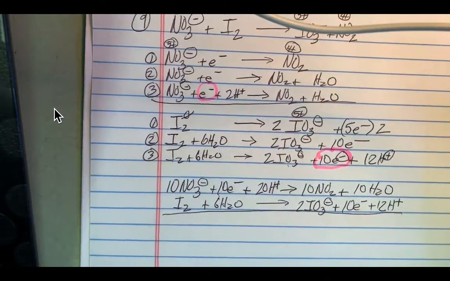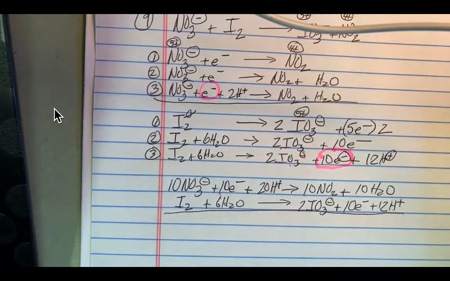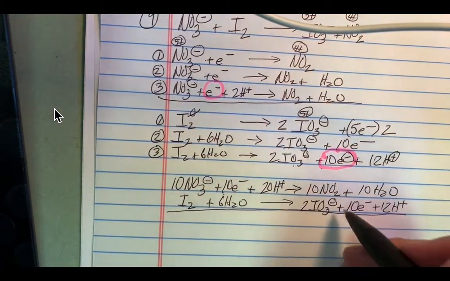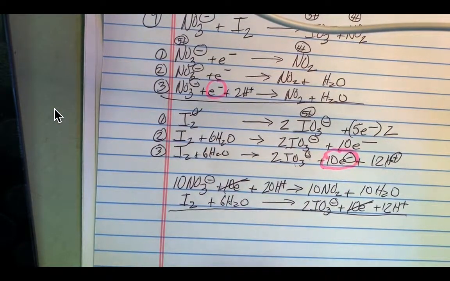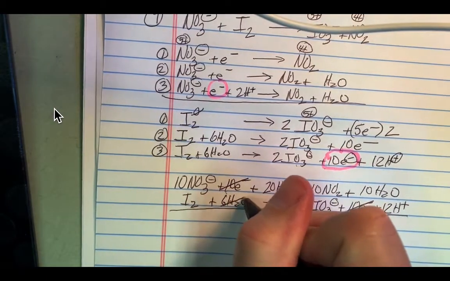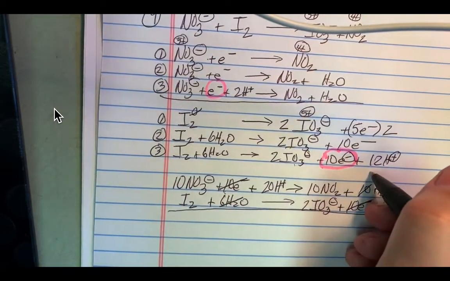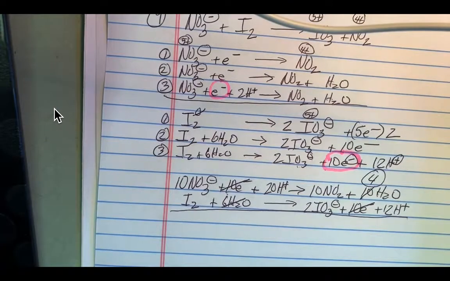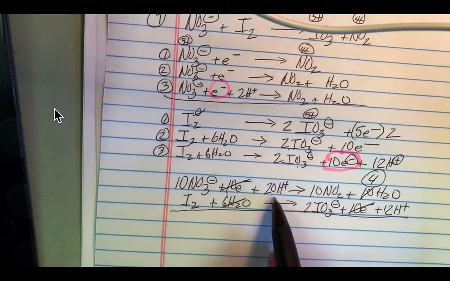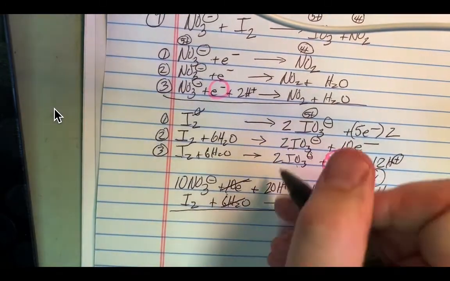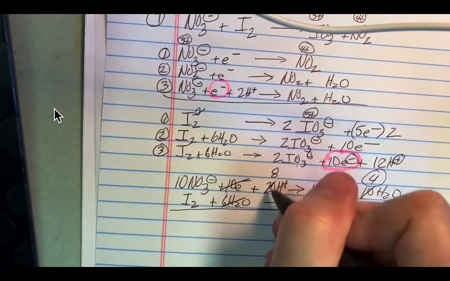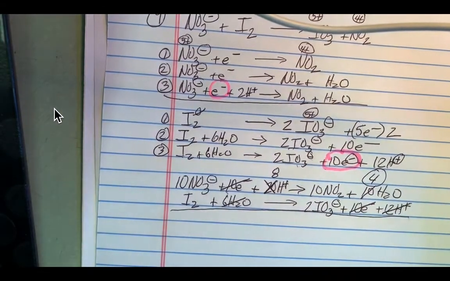Okay, and now we can do some cancellation to finish this out. So 10 electrons as a reactant, 10 electrons as a product. 6 waters and 10 waters, so it doesn't cancel perfectly, it leaves 4 waters left over. 20 H pluses and 12 H pluses, the 20 now becomes 8.